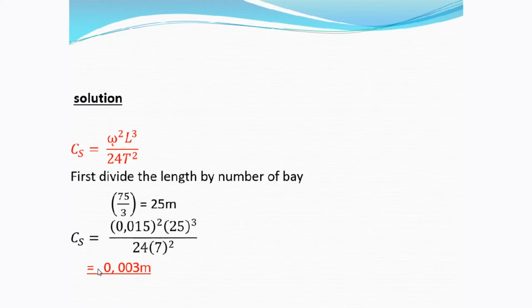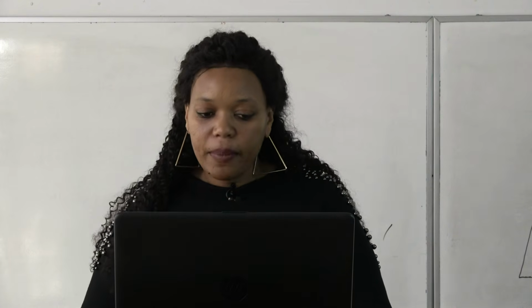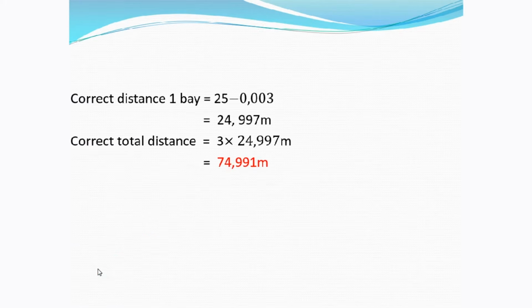Okay, so your answer here will be 0.003 meters. Remember, this is just a correction, and this correction is for 1 bay. Okay, let us look here. Now we have to find what? The correct distance, because we are required to find the correct distance for 3 bays.